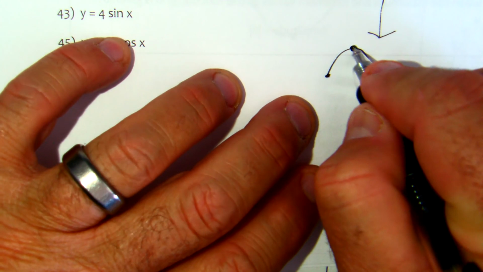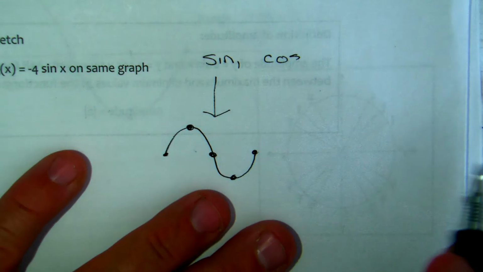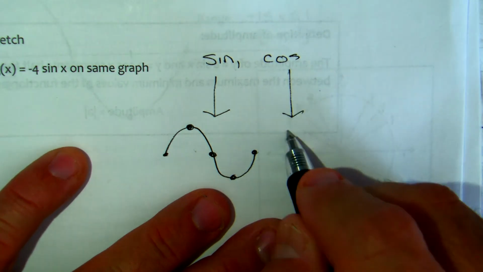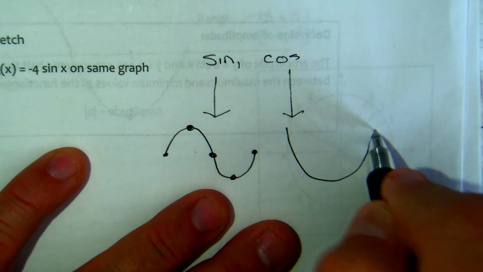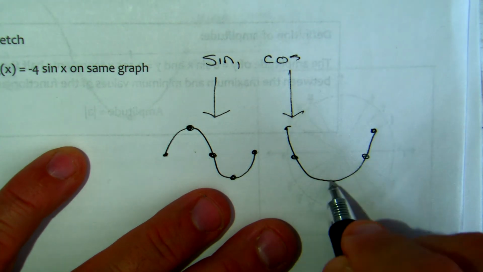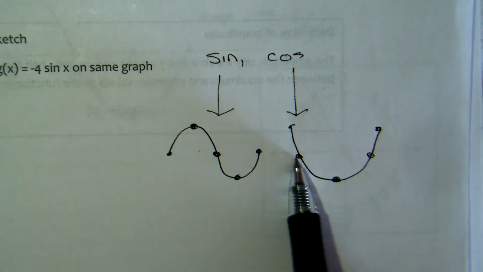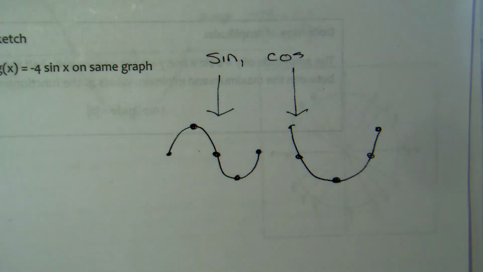The first quarter point, it's at its max. Third quarter point, it's at its minimum. Cosine, it's going to look like a U. The difference is, if there's no negatives involved, max and max, 0, 0, and halfway it's at its minimum point. That's what it is each and every time. Now this one was a negative, so it flipped it.